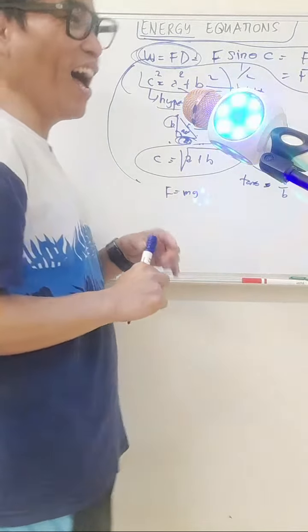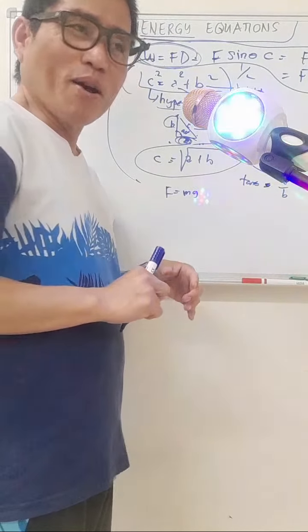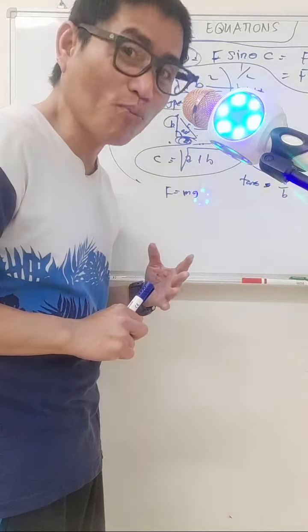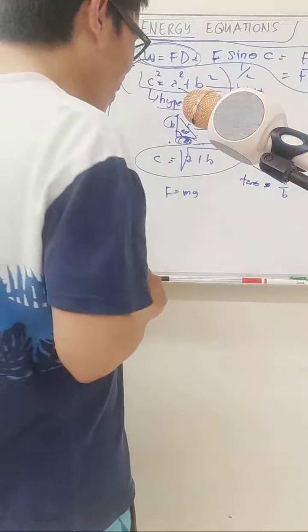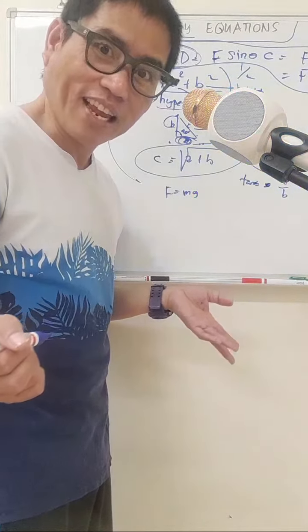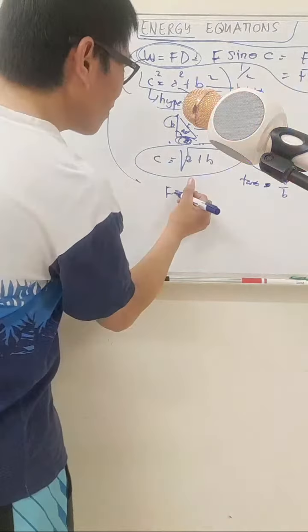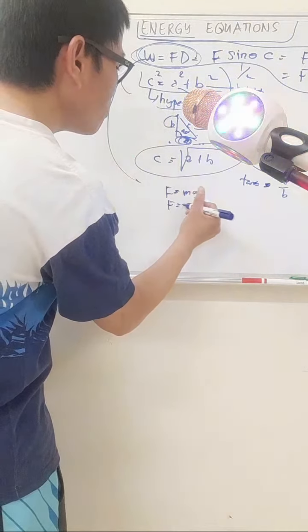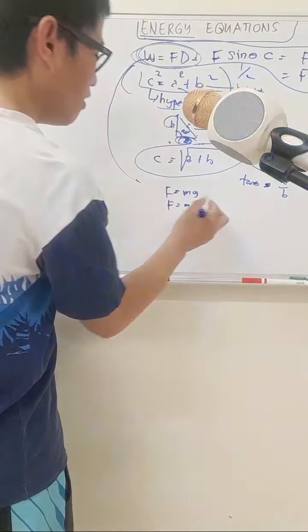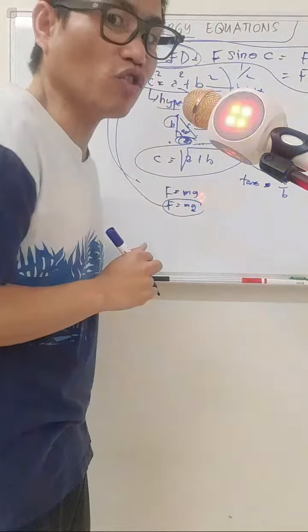I remember memorizing this in high school, and it is still in my brain cells 30 years later. So force is equal to mass times the acceleration due to gravity, and we substitute it for F in the original equation of work.